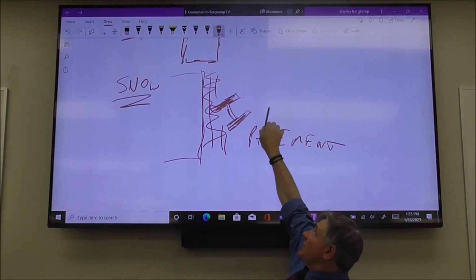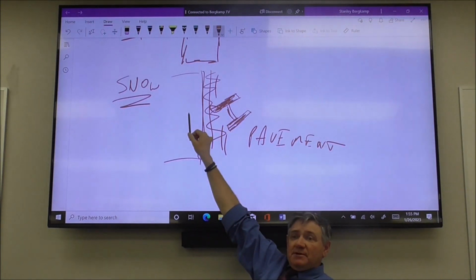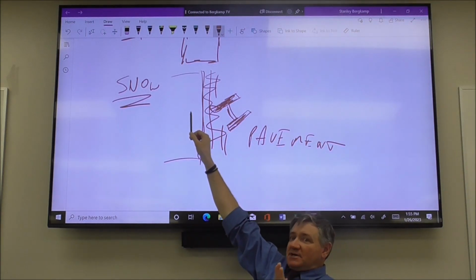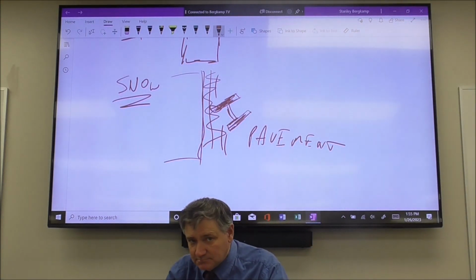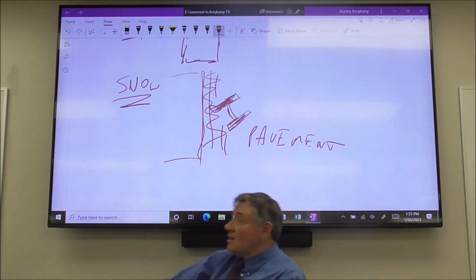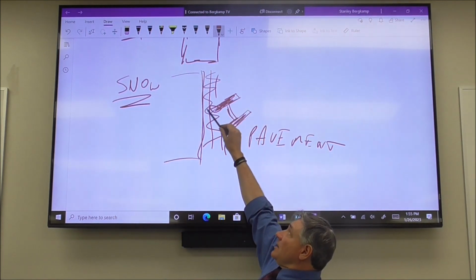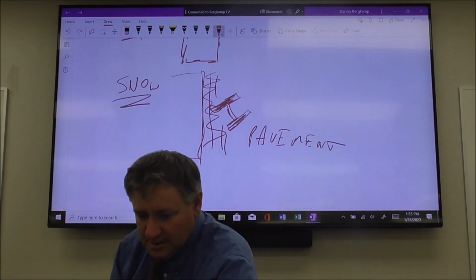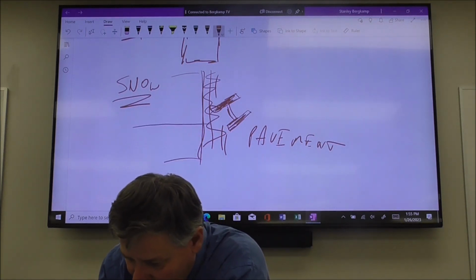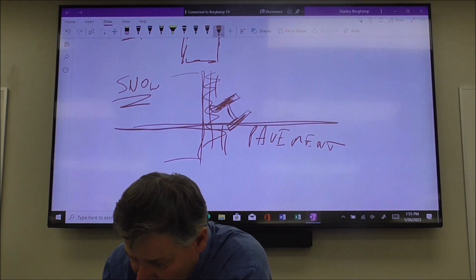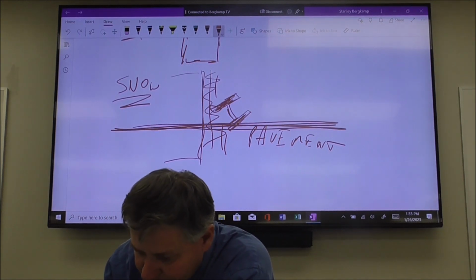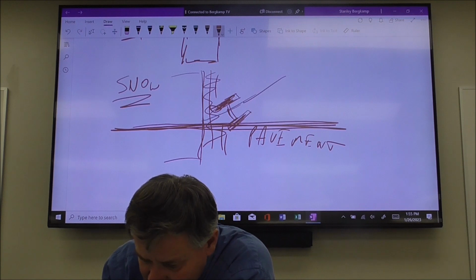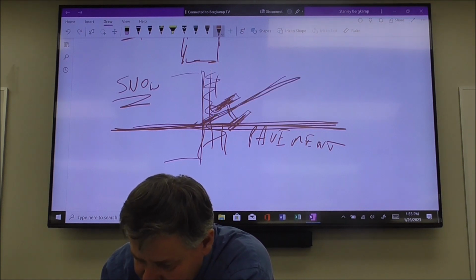Now, if you were going in at right angles, what would happen? Nothing would happen because they would both slow down at the same time. But if you come in at an angle, this side's going to slow down first. If you consider this a line, what we call the normal, this is going to come in at a certain angle.